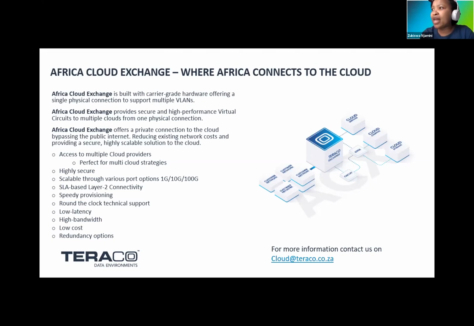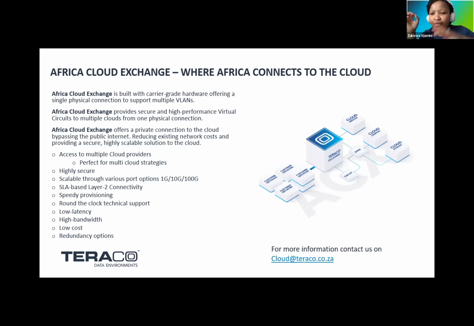I'll spend a little bit of time to explain the physical connection. As we all know, for any connectivity you require a layer 1 service, and that could be a cross connect from your switch to another device. In this case, it's a cross connect from your switches or router to our infrastructure, meaning Africa Cloud Exchange. Once we've established that, you also need to determine the port speed for that specific cross connect.